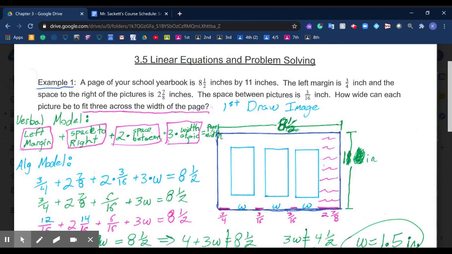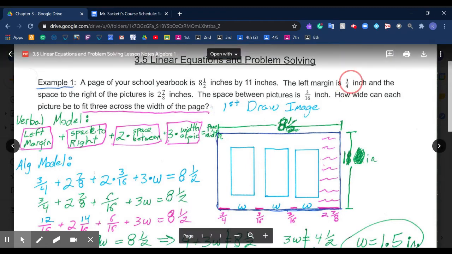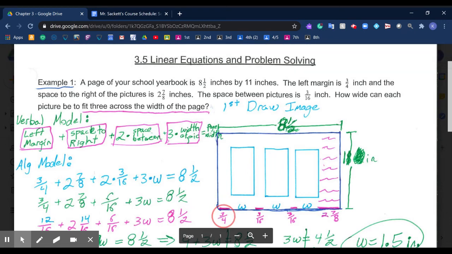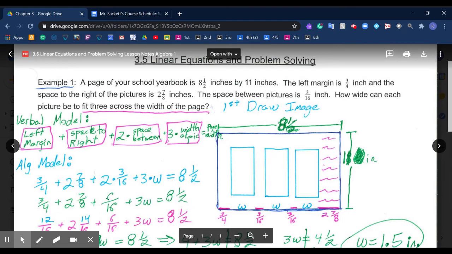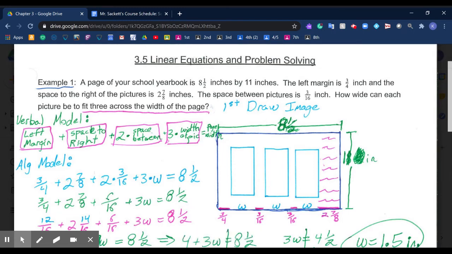The left margin is 3/4 of an inch. The margin is this blank space on a page. So I know over here, I have a margin of 3/4 of an inch. To the right of the pictures is 2 7/8 inches.